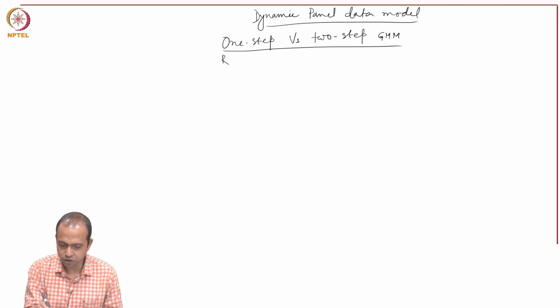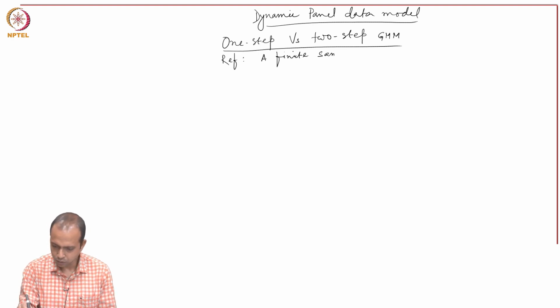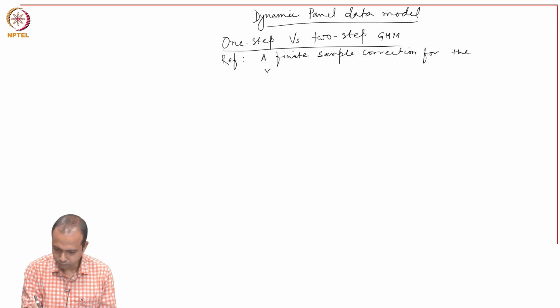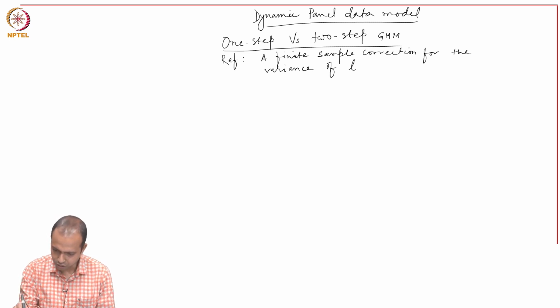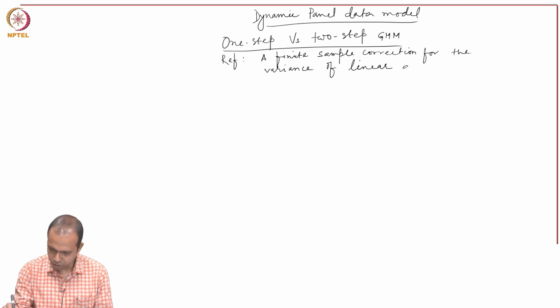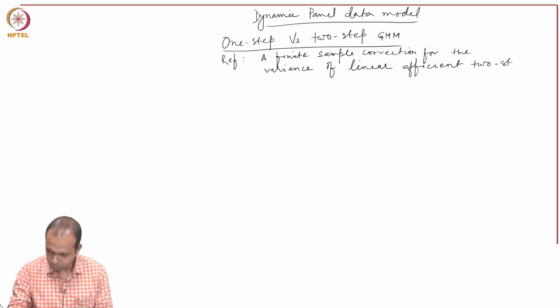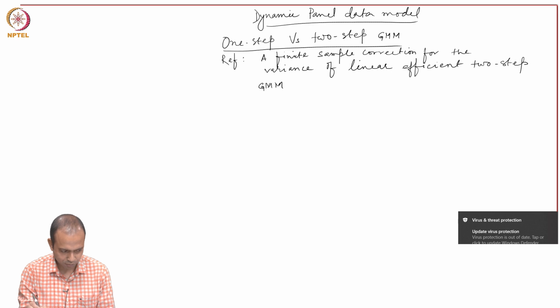And today's discussion is based on this important reference given by Frank Windmeijer, and the title is A Finite Sample Correction for the Variance of Linear Efficient Two-Step GMM Estimators.